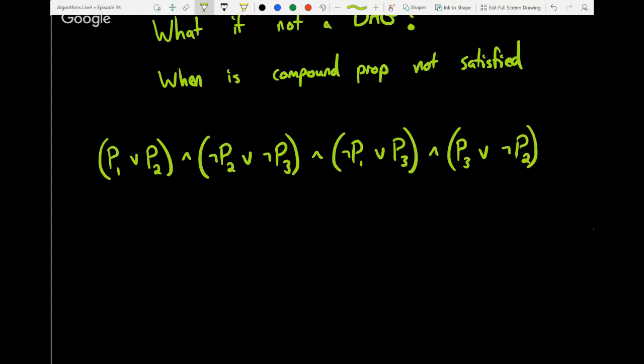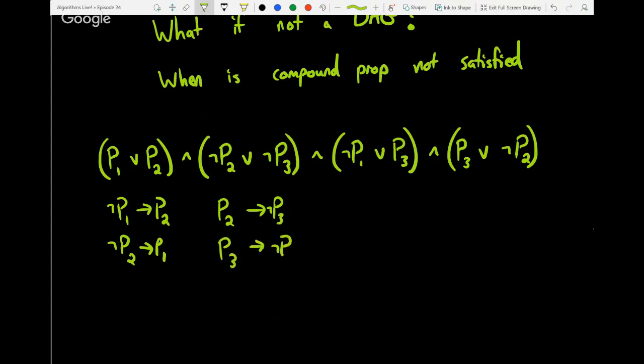Those are my statements here. So I can just write out the implications. I can write out P2 implies not P3, and P3 implies not P2.